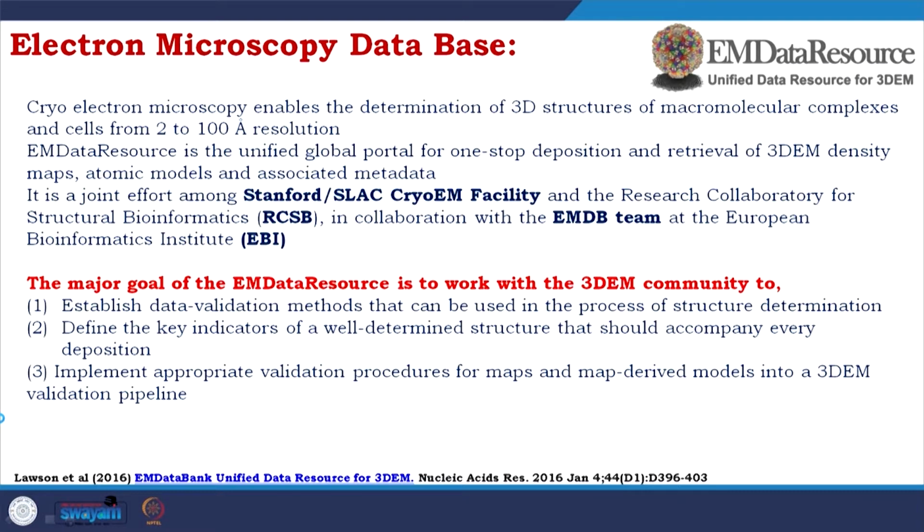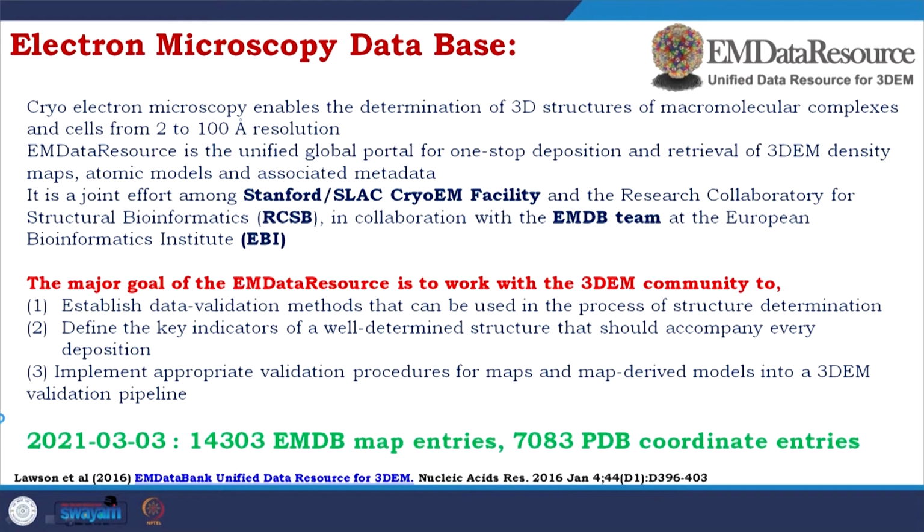As I said, you have to validate properly. Currently, this year on 3rd March, there are 14,303 EMDB map entries and 7083 PDB coordinate entries. If you want to know more, the link is given. You go to the link and you will get the details about the electron microscopy database.